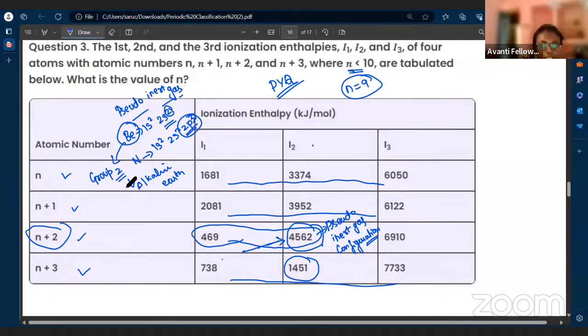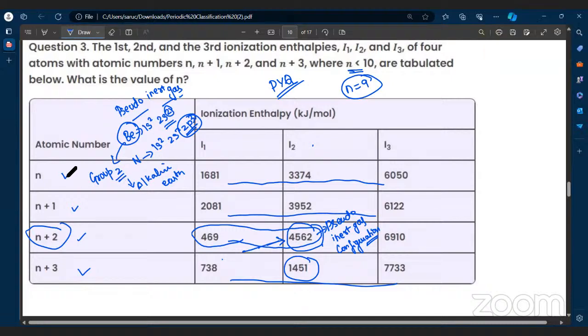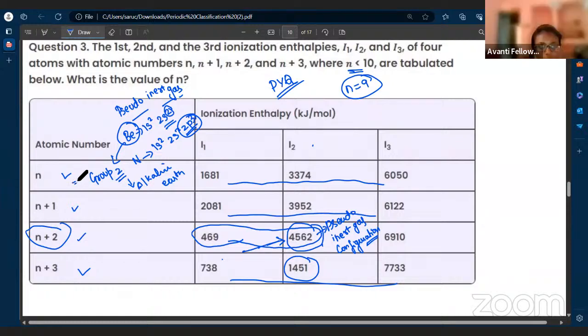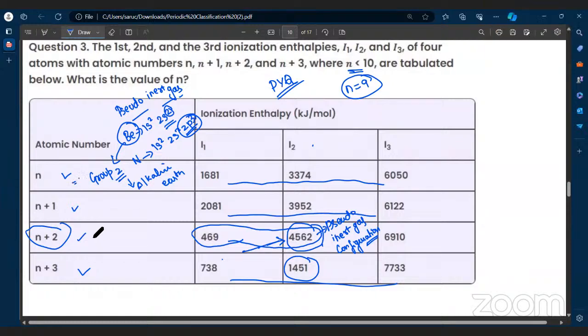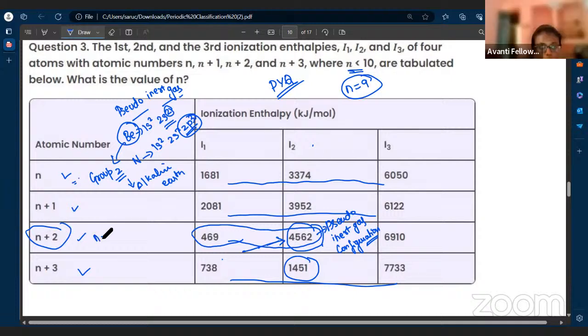So if I consider group number 2, the n value should be such that the total is equal to 4.